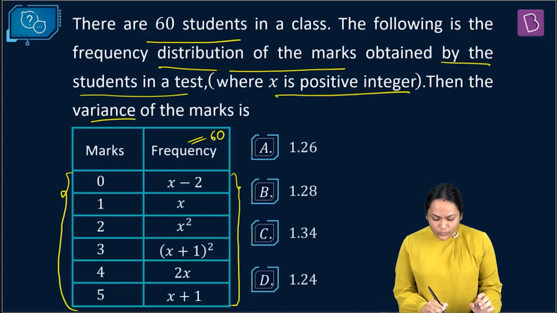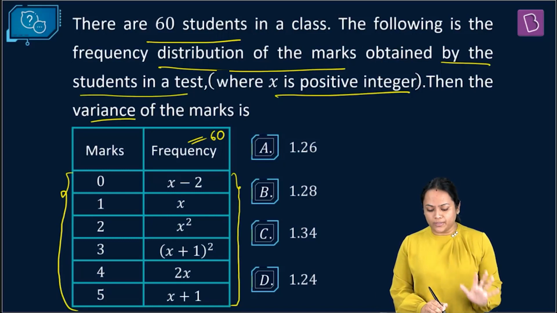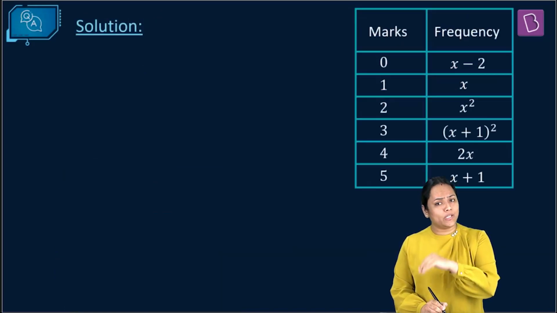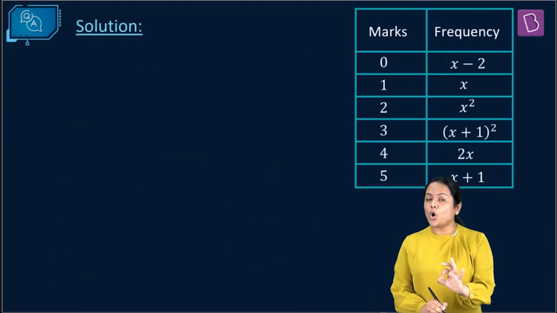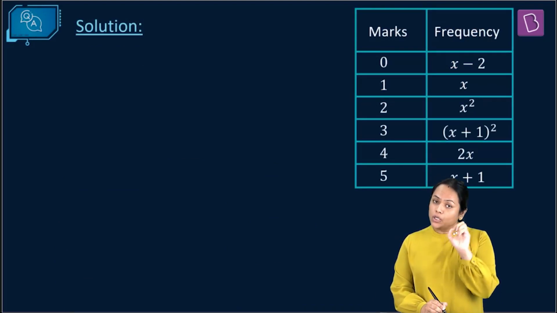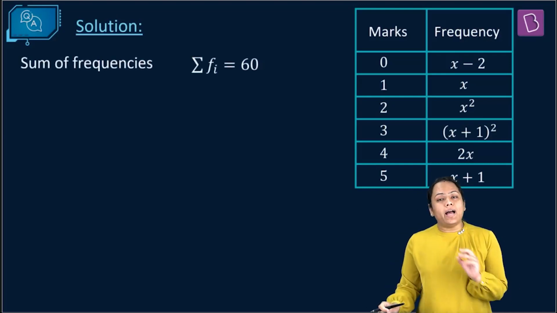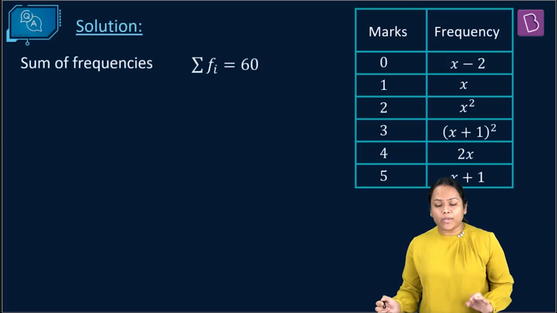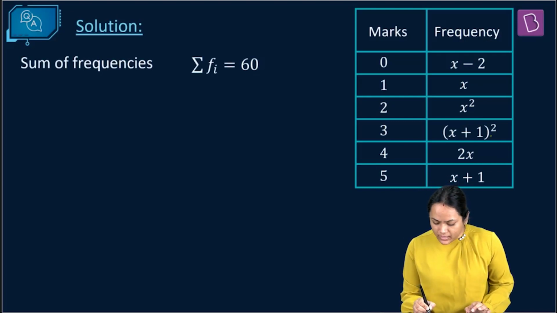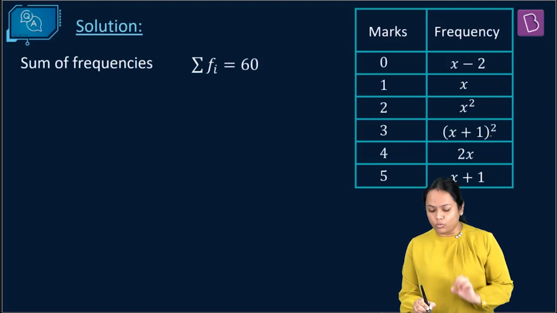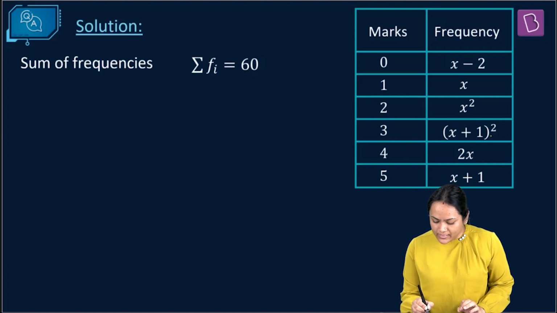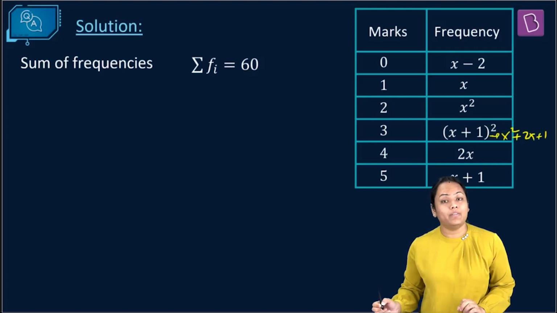So first of all, we are going to go by the question. Marks and the frequency or the number of students are with us. Sum of total frequency, or let's say the summation of f, which is nothing but the number of students, is 60. So I have to add the frequency. First, I'm going to expand this x plus 1 whole square. So it's coming out as x square plus 2x plus 1, right?